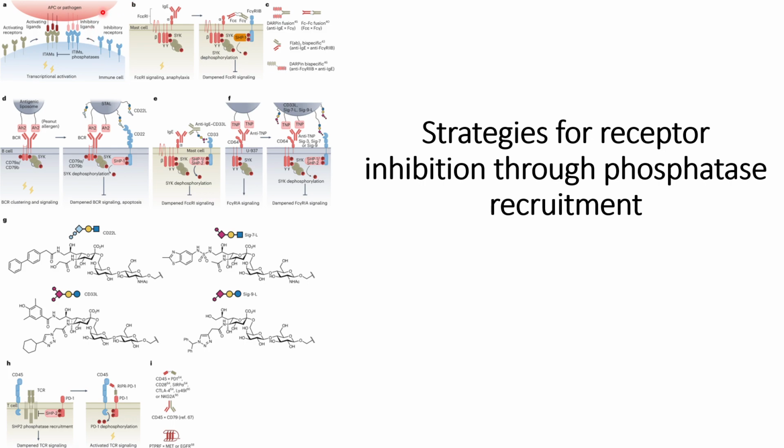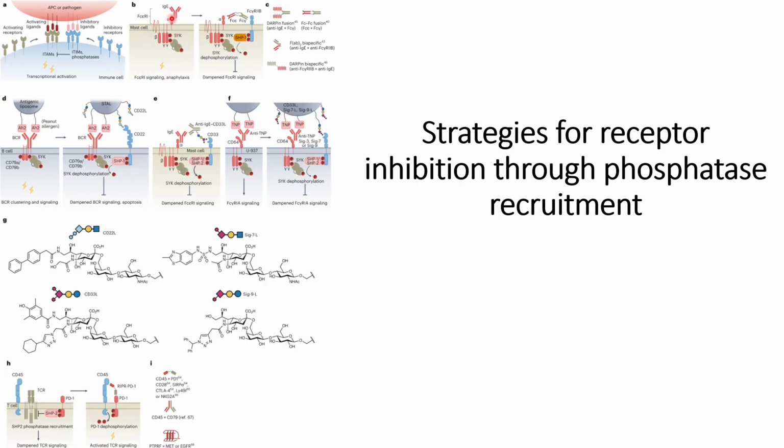One example of this is shown in panel B, where we can see the FC epsilon RI signaling activation through IgE. It leads to the phosphorylation of these intracellular receptors, and through SYK, that will trigger FC epsilon RI signaling.